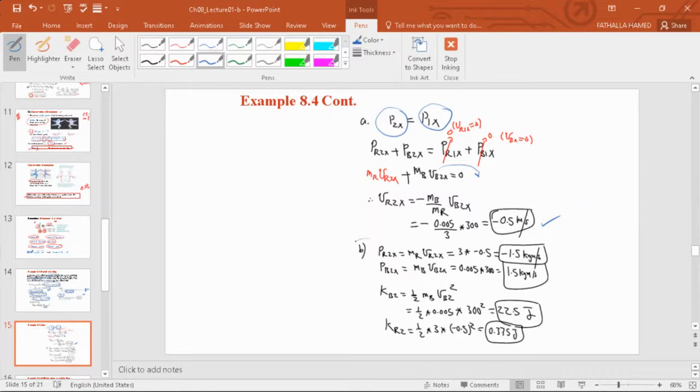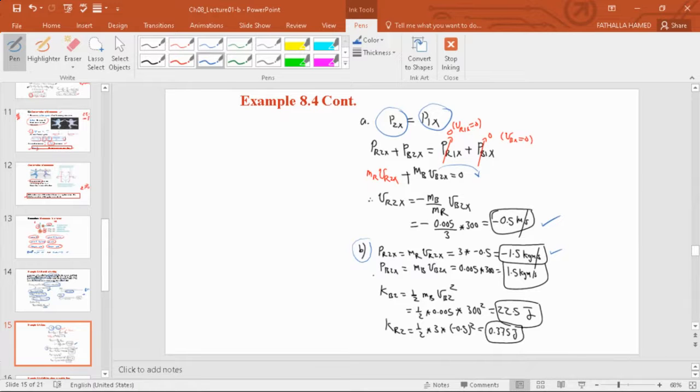Now, if we want to compare the momentum of the two, the momentum after the firing for the rifle will be the mass of the rifle times V of the rifle 2x, which is 3 times minus 0.5, and it gives you minus 1.5 kilogram meters per second.